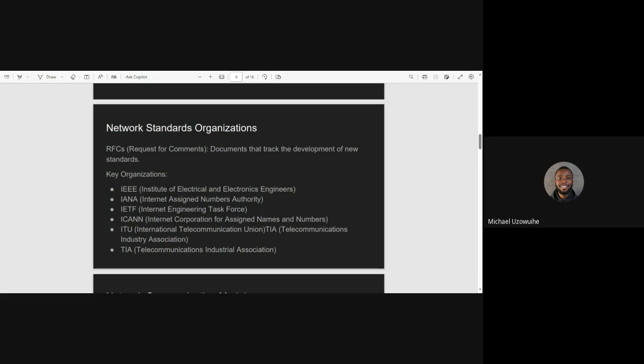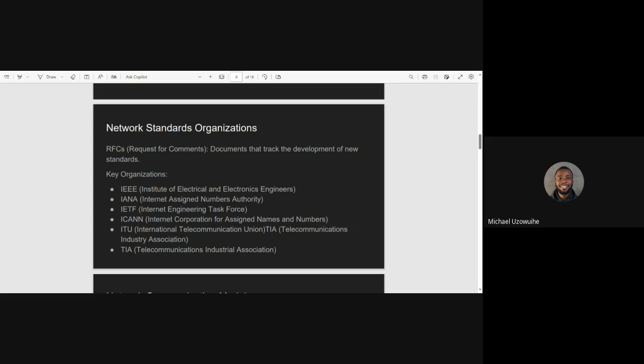That is what network standards organizations do. They help to monitor that the must-do things are done by every person looking forward to setting up network communication or producing devices for network communication.